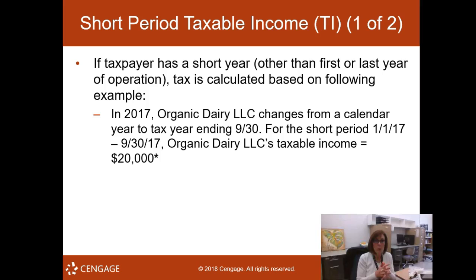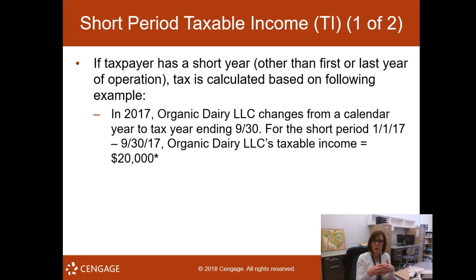So let's use the example they've given us. In 2017, Organic Dairy LLC decides to change from a calendar year where their tax year would end on December 31st to a tax year that instead ends on September 30th.